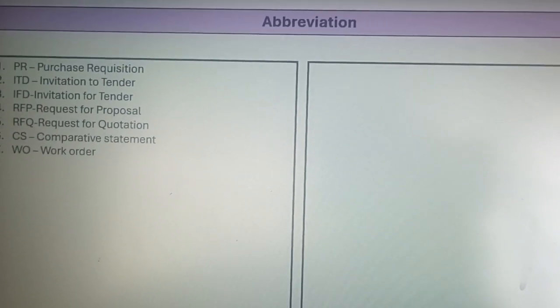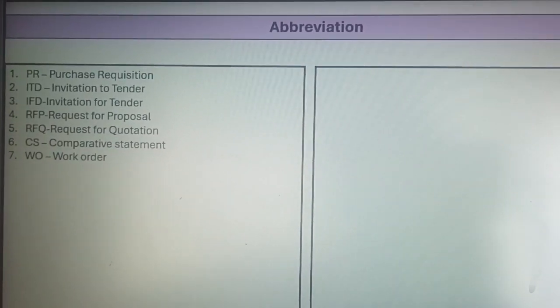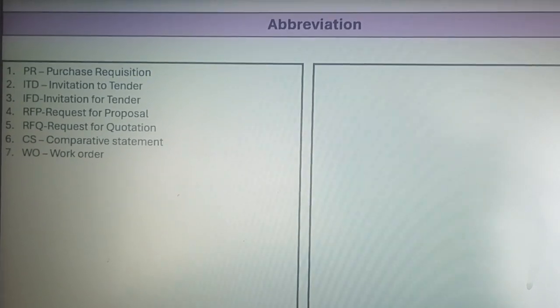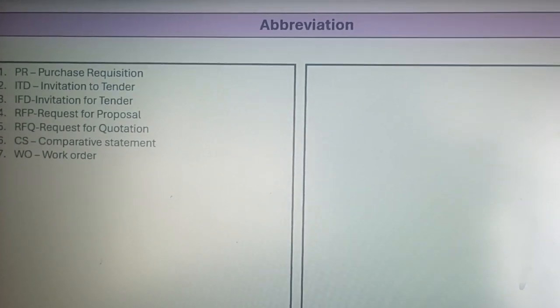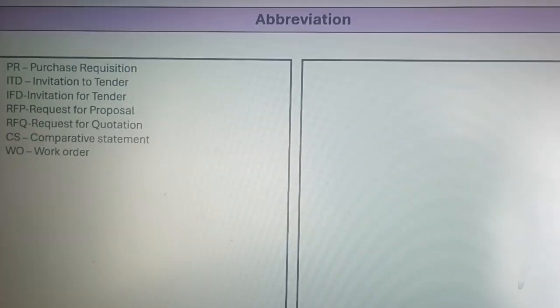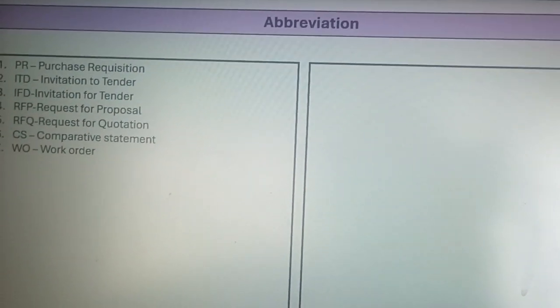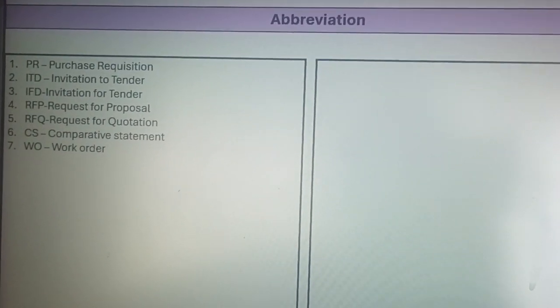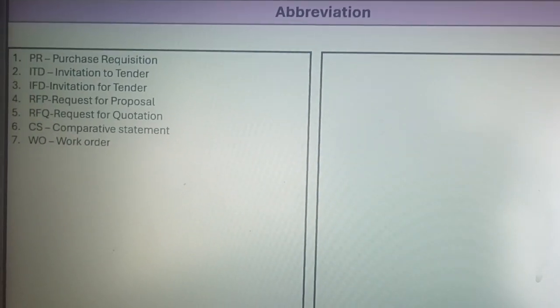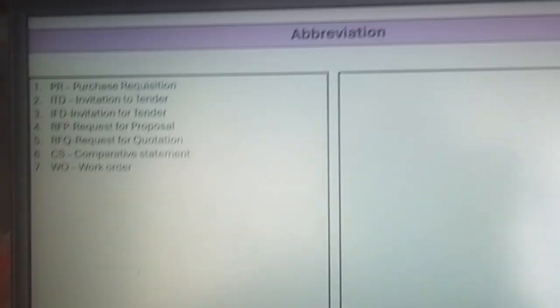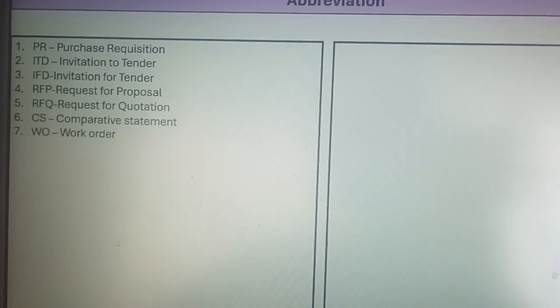The work order means when a small part of a big project is given to a third party, it is called a work order. So if you find WO anywhere in the procurement department, quickly understand that it is a work order.